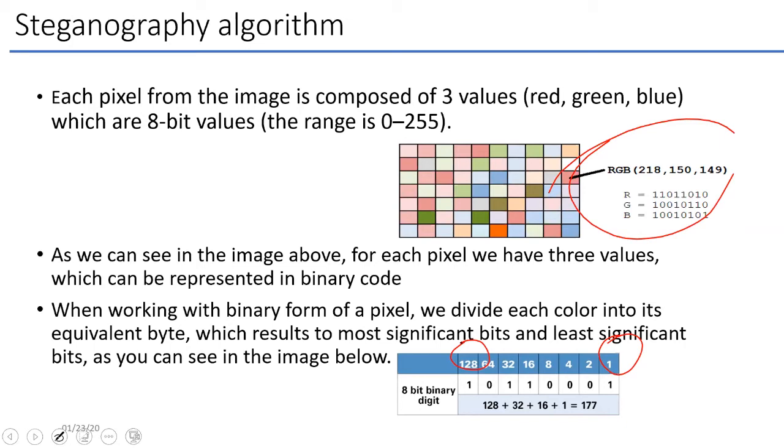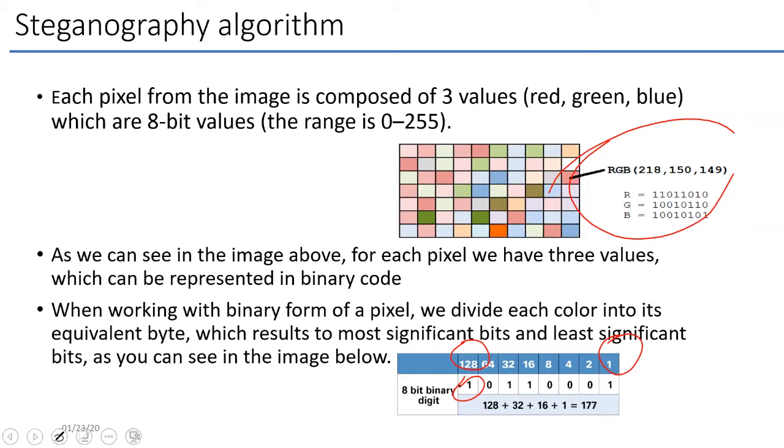Whereas if you change the most significant bit, which is leftmost, for example from 1 to 0, it will have a tremendous effect. It is like shifting half of the value to something else, so we will see much of the difference.